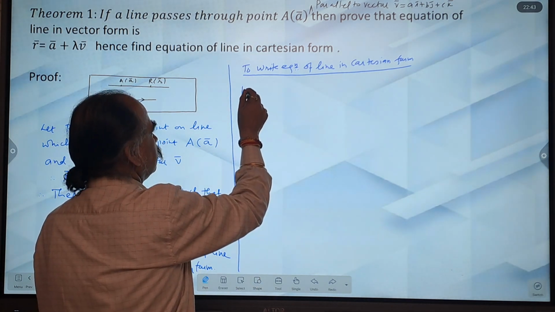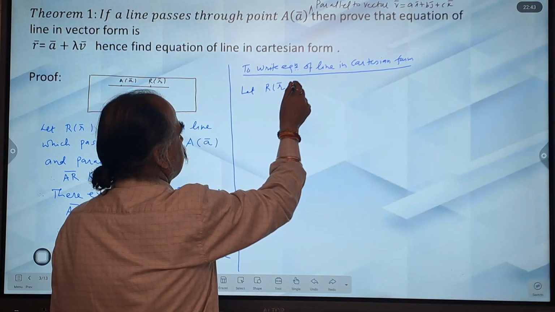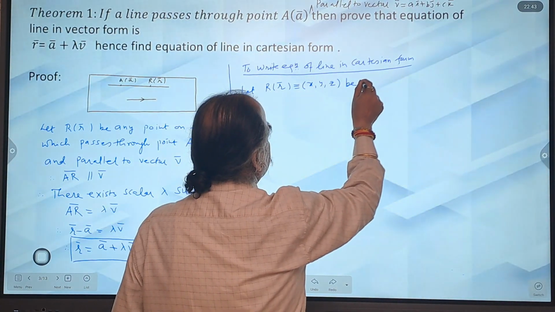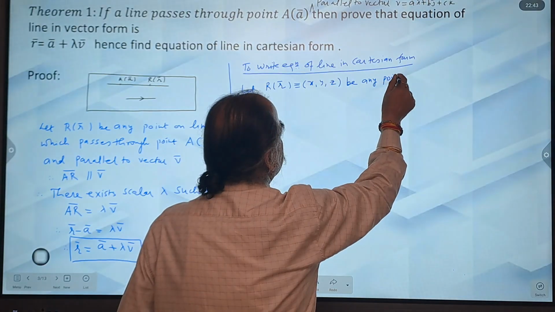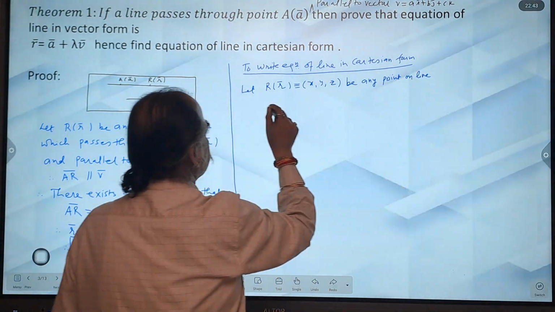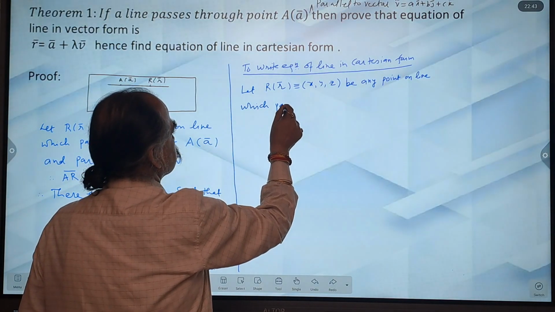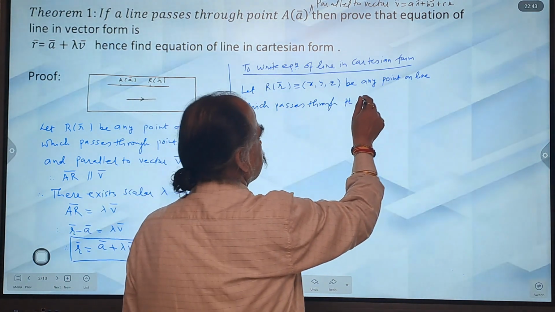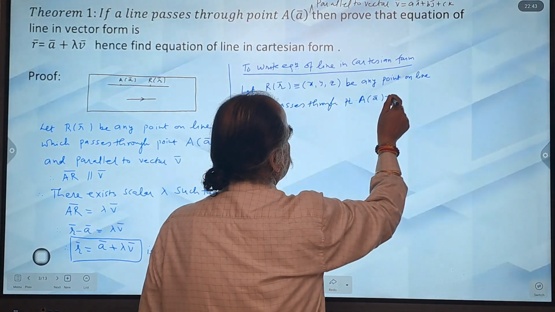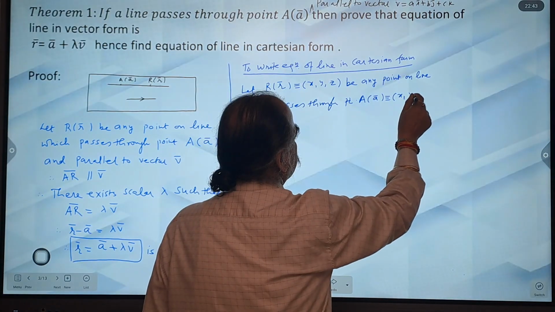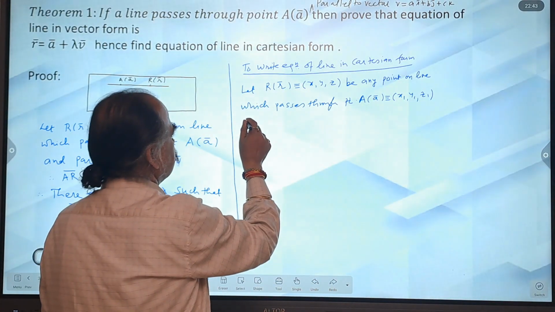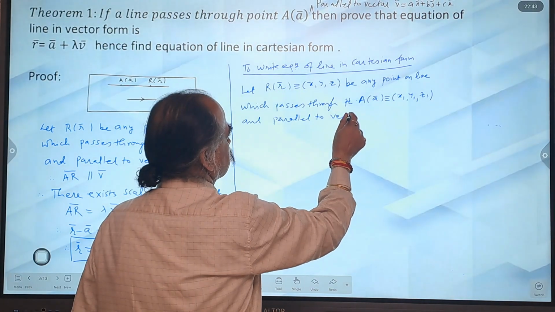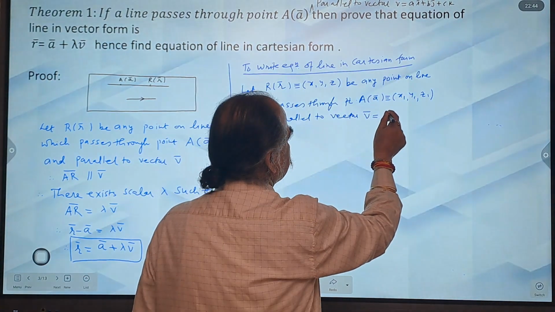Let R bar corresponds to x, y, z, be any point on line which passes through point A bar corresponds to x1, y1, z1 and parallel to vector v bar is equal to ai plus bj plus ck.